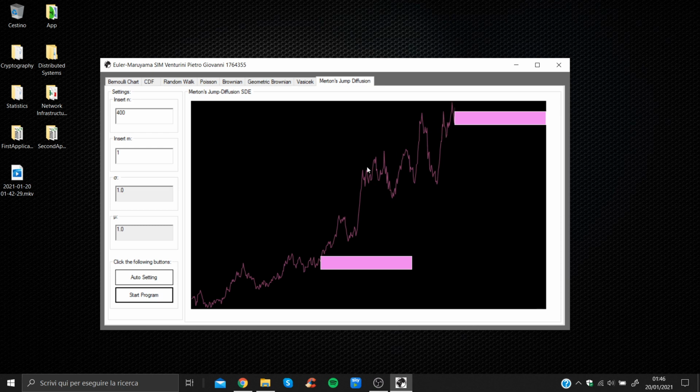In the short Word document that I will put inside this second project, I will explain the stochastic differential equation that I used to make the Merton jump, with the relative source, and a simulation that shows how it works.